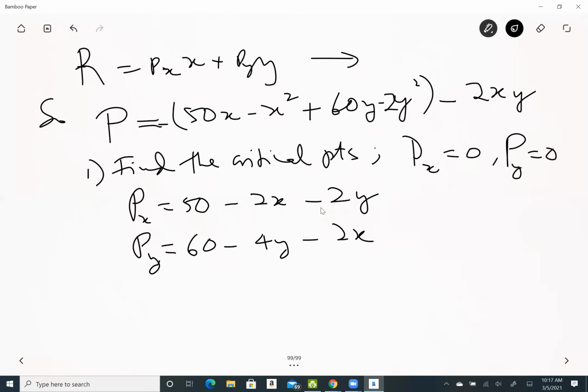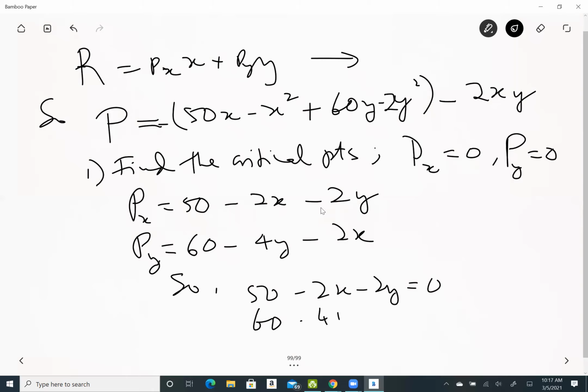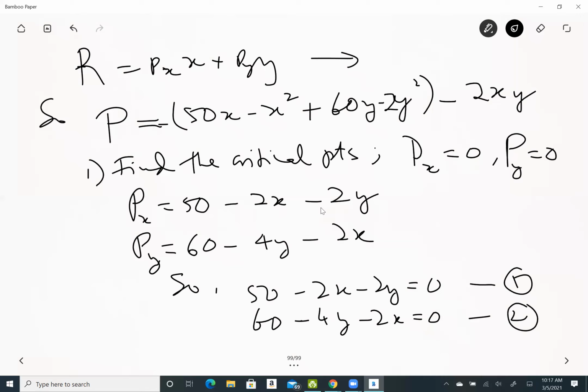Now you set that to 0. So 50 minus 2x minus 2y equals 0, and 60 minus 4y minus 2x equals 0. Call this number 1, call that number 2. Now, the book didn't really solve and find the solution.